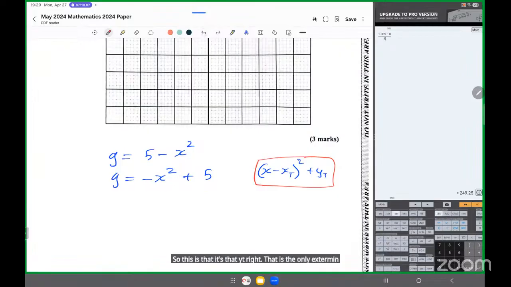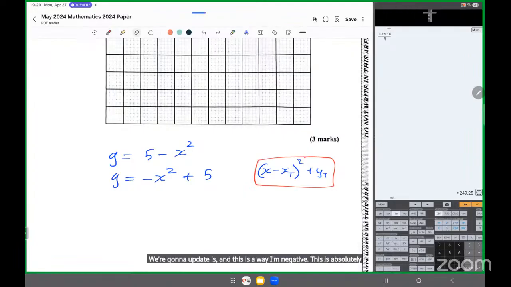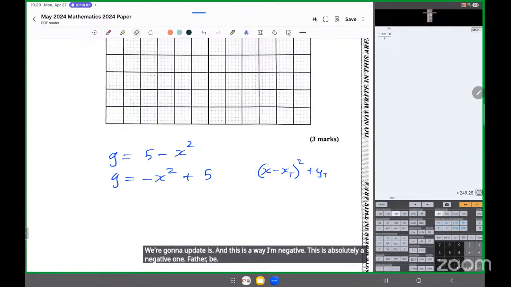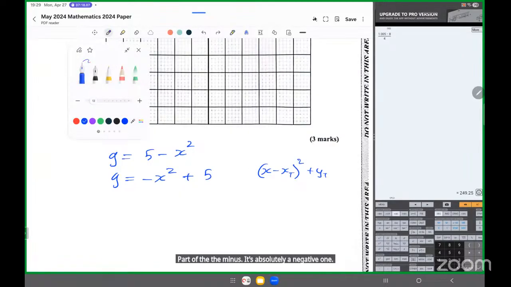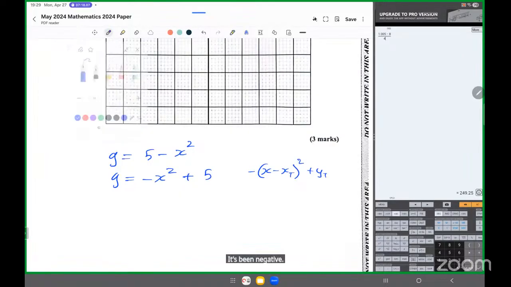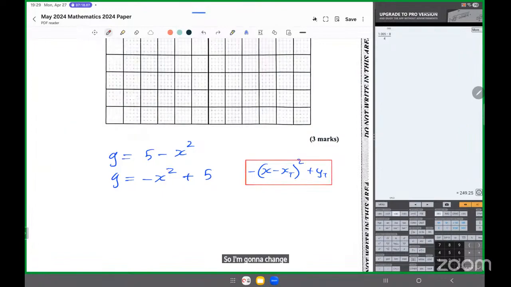So what we're going to do, we're going to take this, and this will actually be a negative one because of the minus. So I'm going to change this to x minus 0.